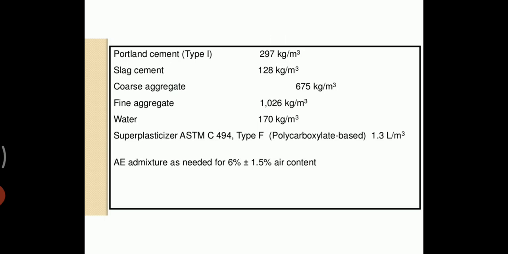Coarse aggregate is only 675 kg per meter cube, but fine aggregate is required about 1026 kg per meter cube. Water is 170 kg per meter cube, superplasticizer is 1.3 liter per meter cube, and an air entraining admixture is needed for 6% plus or minus 1% air content.